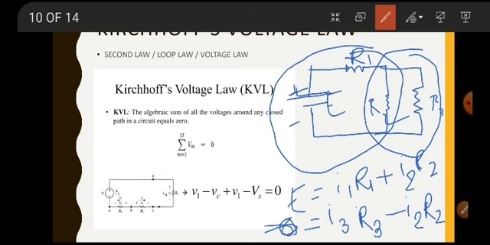When the current is passing, you can take a direction, clockwise or anti-clockwise.